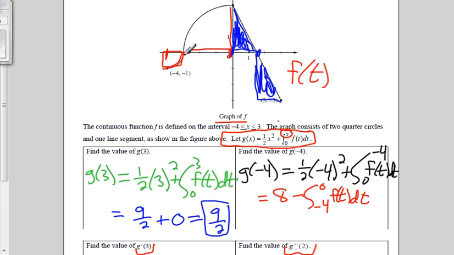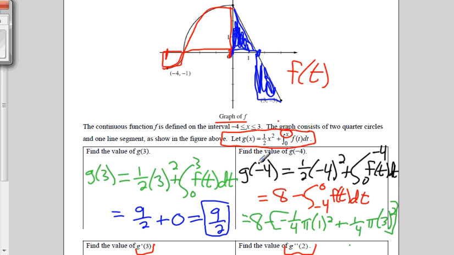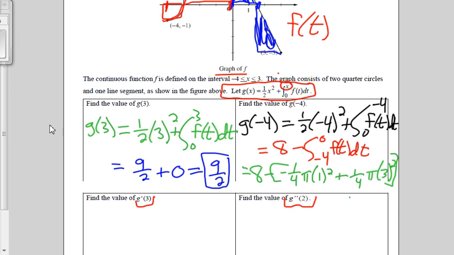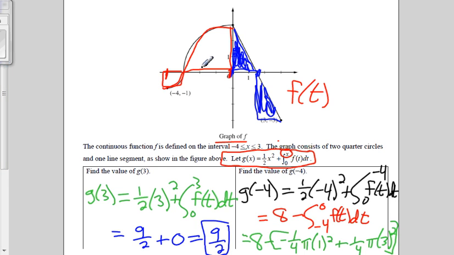Obviously the bigger one is above the x-axis, so let me write these out. Now this one has a radius of 1, so it's pi r squared. Obviously it's 1/4, and this negative right here is because it's below the x-axis. This negative out here was from when we switched the intervals. And then my other quarter circle has a radius of 3.